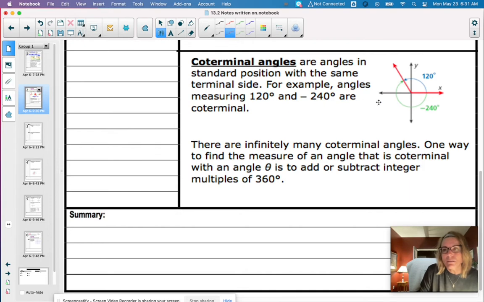As you can see in this picture, going up counterclockwise measures 120 degrees, whereas if I go the other direction all the way around, that measures 240 degrees. It's negative because I'm going the other direction. What we're going to find is there are infinitely many coterminal angles. One way to find the measure of an angle that is coterminal with an angle theta is to add or subtract integer multiples of 360.